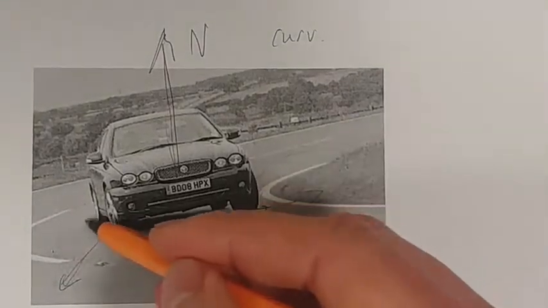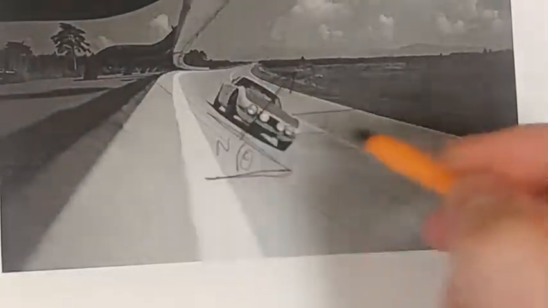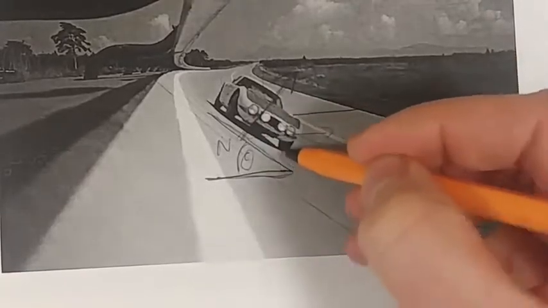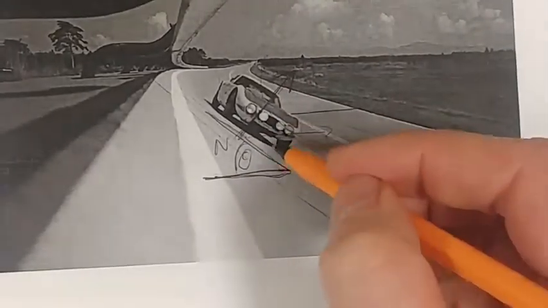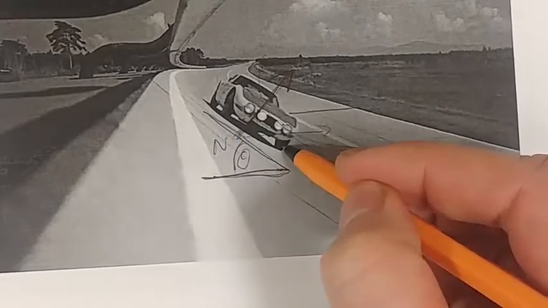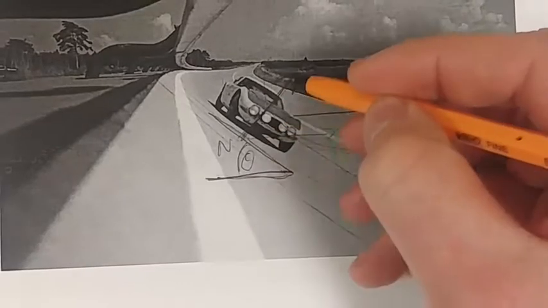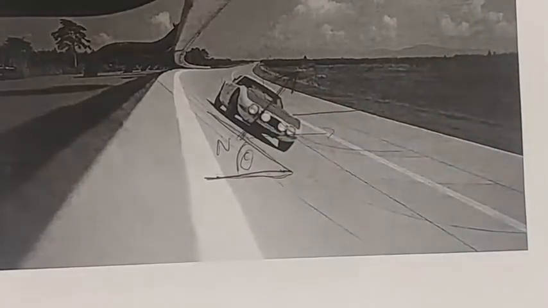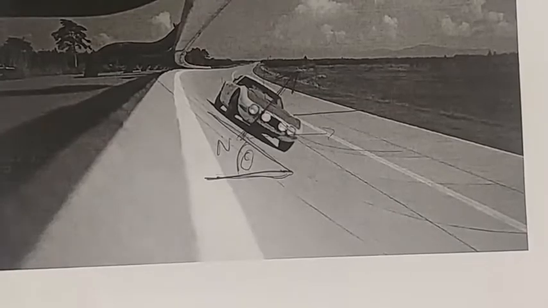But now, if we bank it, then we've got friction plus this normal force. Actually, what we are doing is reducing friction, because the friction component will begin to reduce and the normal component will begin to increase. Hopefully that gives you a basic idea of what is happening.